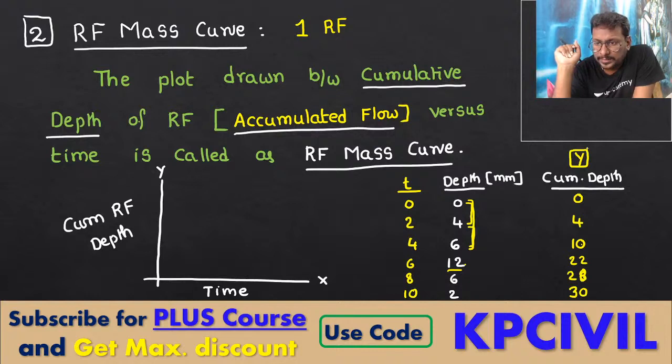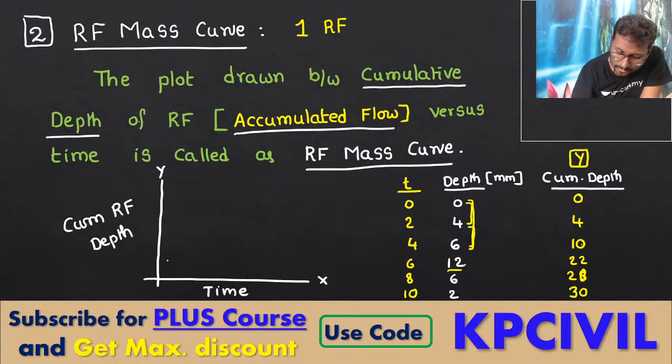You are solving it: 0, 4, 10, 22, 28, 30. Now you are plotting. It started with 0 and goes to 30. What is the last value? The last value is 30. It is given as the total depth.